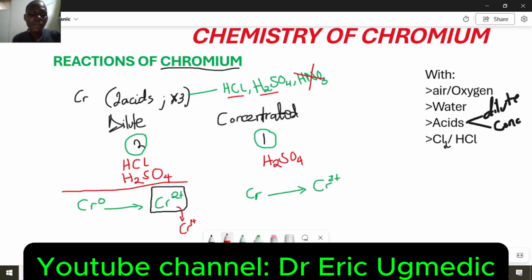You will have a blue solution, because chromium 2 in solution appears blue, then chromium 3 appears green. So this reaction forms a blue solution which on standing turns to green, but in most cases this occurs rapidly because oxygen cannot wait, it's always there in the atmosphere.